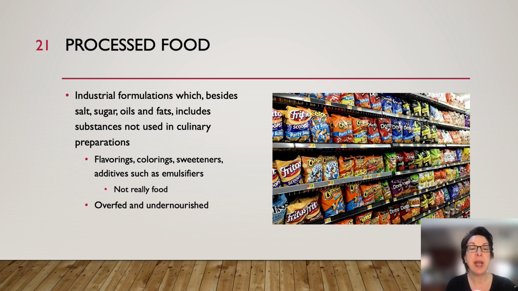They are usually names that we cannot pronounce. They are in the forms of flavorings, colorings, sweeteners, and additives such as emulsifiers, and they're not really food. And what has happened is that this leads to a population that is overfed but yet undernourished.